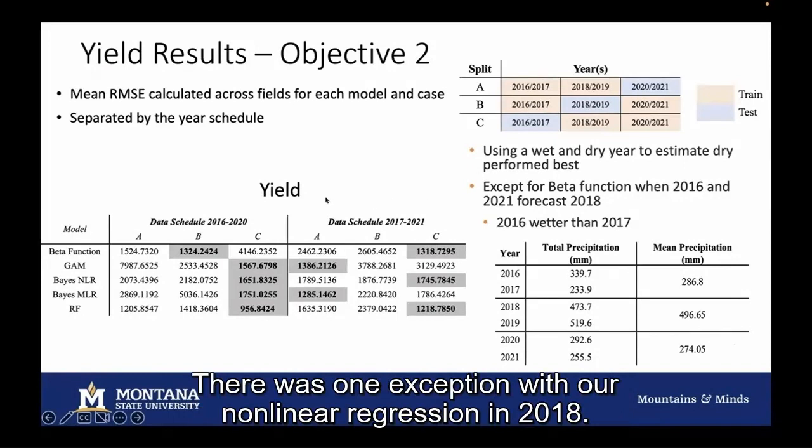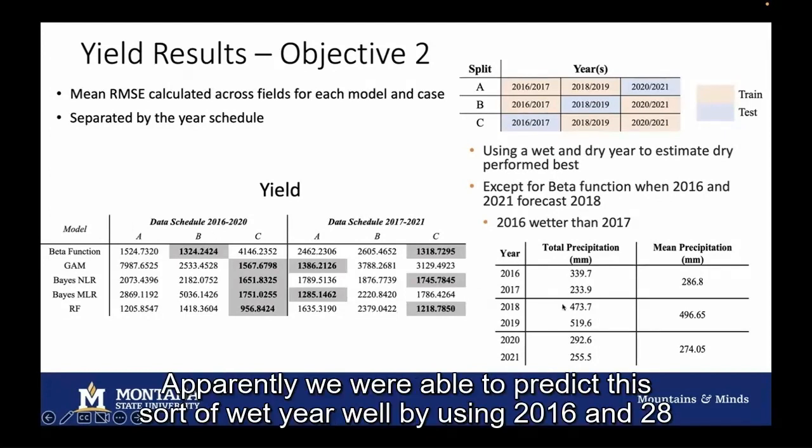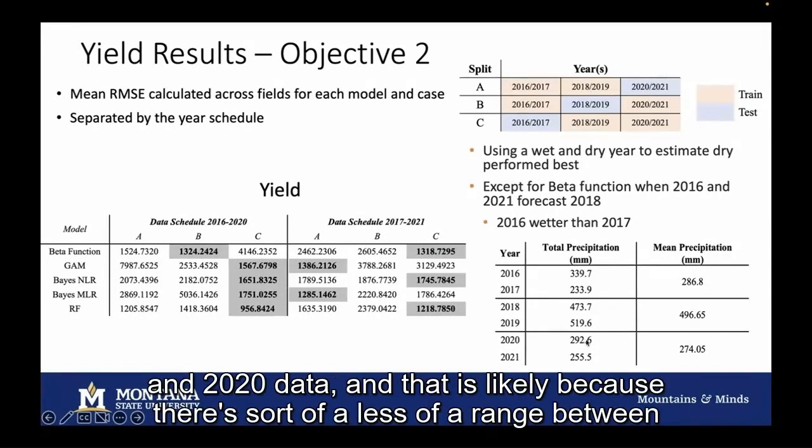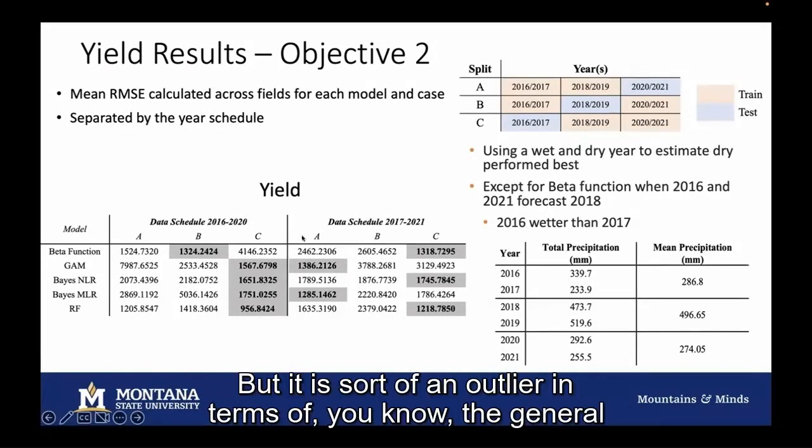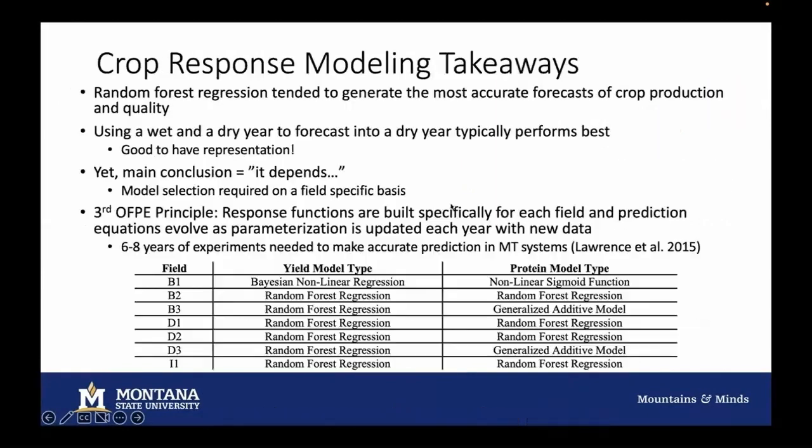There was one exception with our nonlinear regression in 2018. Apparently, we were able to predict this wet year well by using 2016 and 2020 data. And that is likely because there's less of a range between the 2016, 2018, and 2020 precipitation, but it is an outlier in terms of the general results across the rest of these.